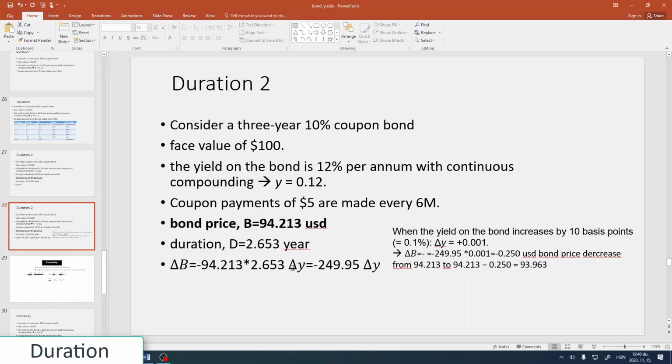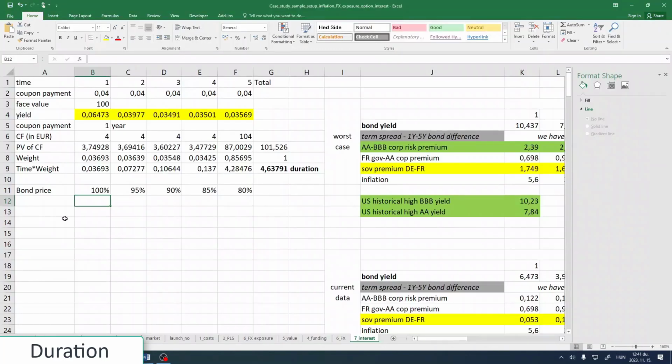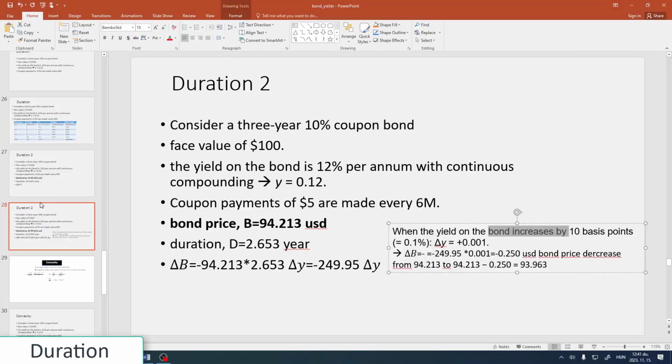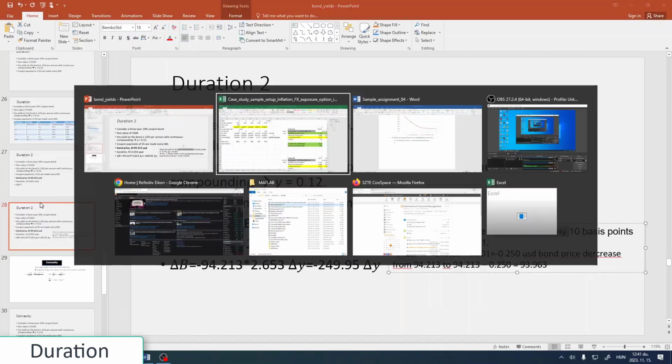So after that we just have to say that the bond yield increases by some basis points. So just yield increase. Unfortunately, in this case we are not able to use just 0.1%.